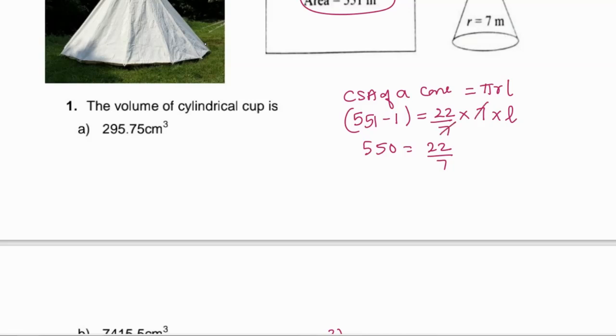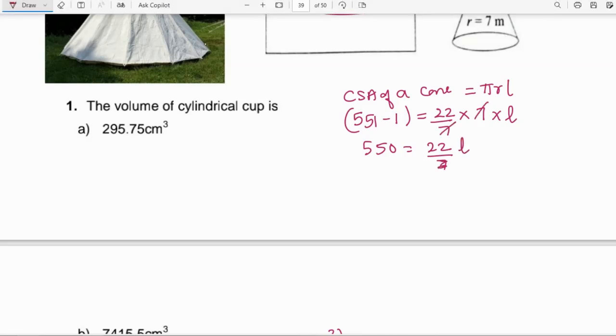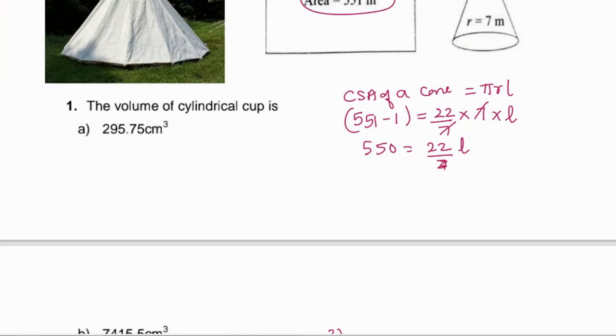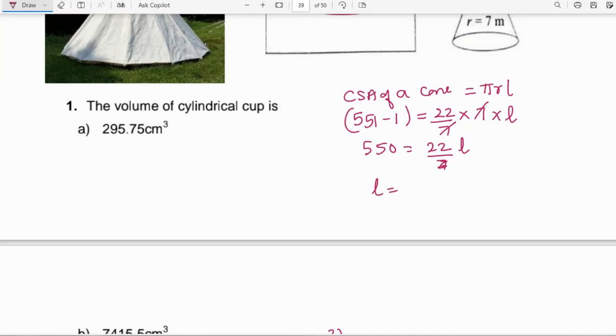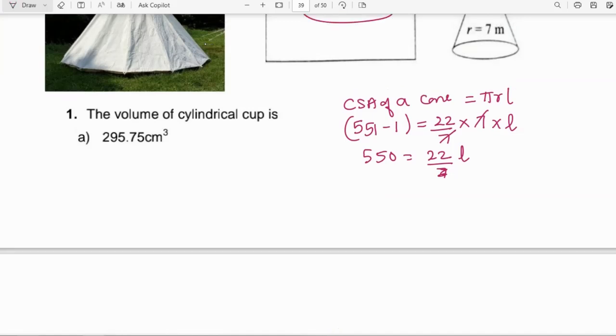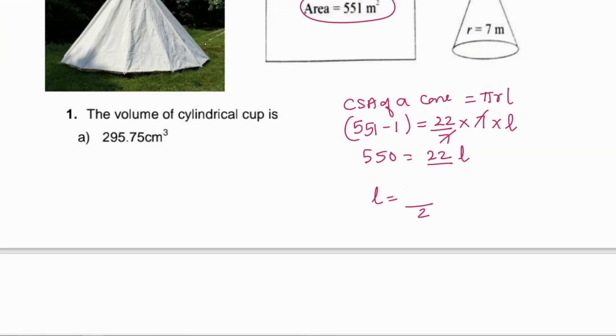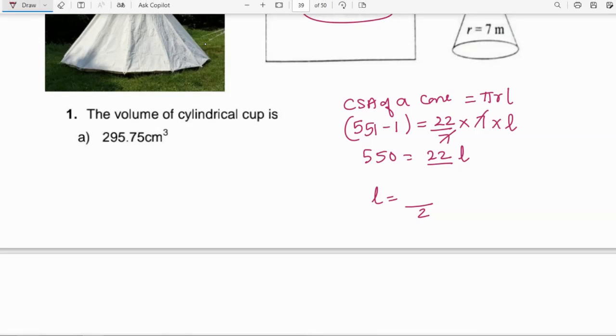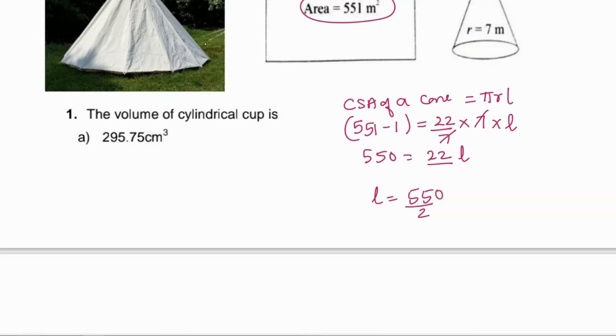Let me write it as 22 L. So now L will be 550 divided by 22. 550 divided by 2, 22.